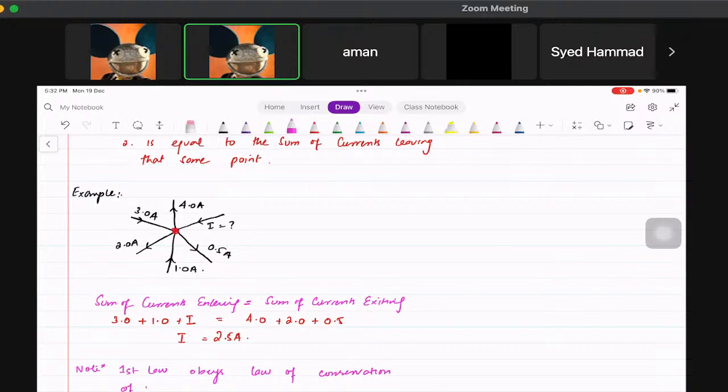Whatever charge is going to enter, the same amount of charge is going to exit. Charge cannot be just misplaced in the middle, right? Please write this down and see if you have a question.